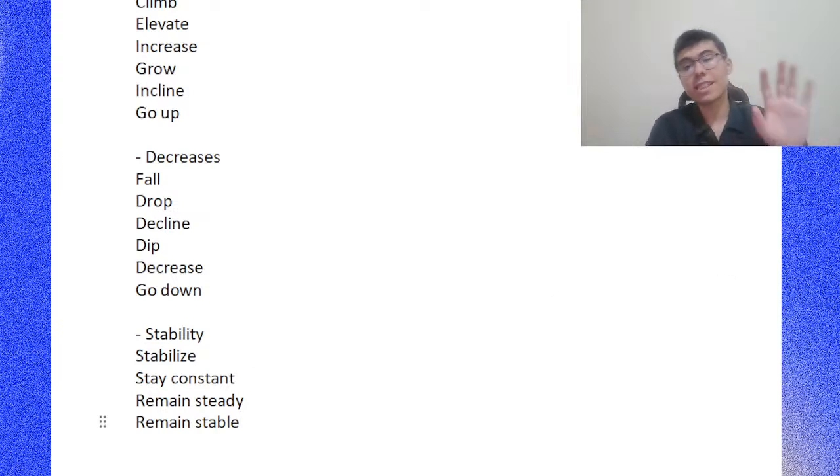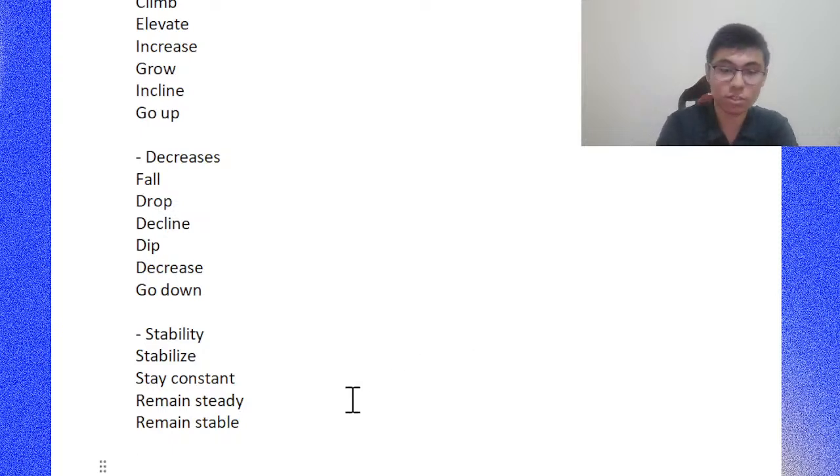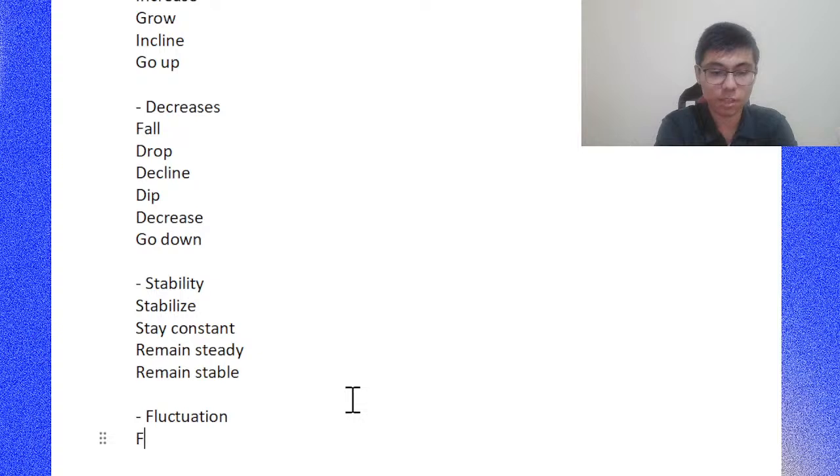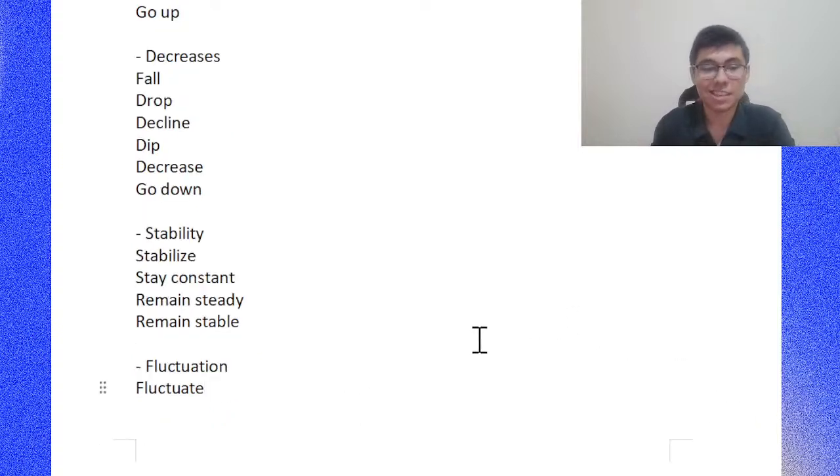And there's also the last type of changes, which is fluctuation. We can use fluctuate for that. And it's as simple as that.